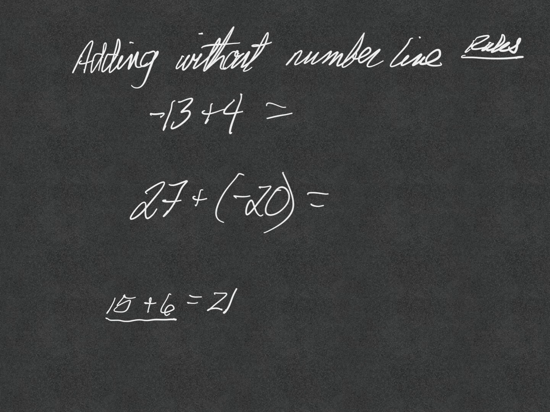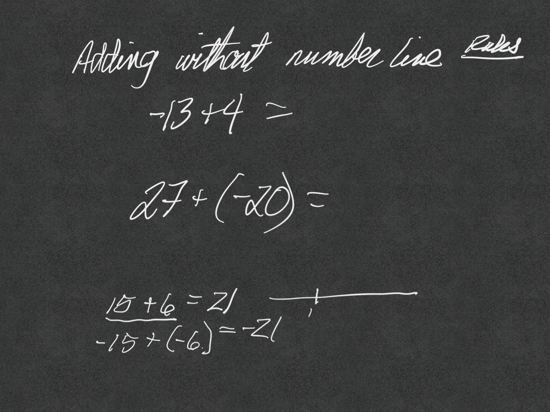If you add two negatives, you add them normally. 15 plus 6 is 21, but the answer will be negative. Now, why does this make sense in each case? Go to the number line.